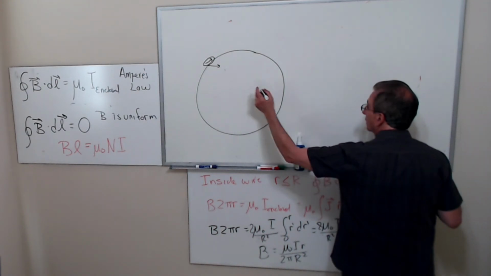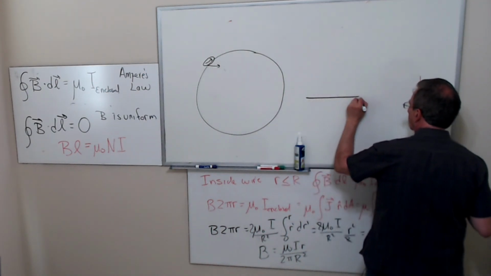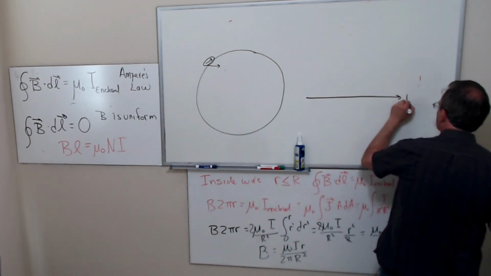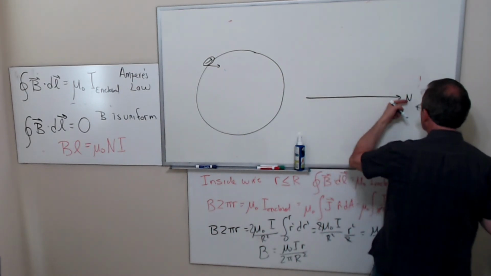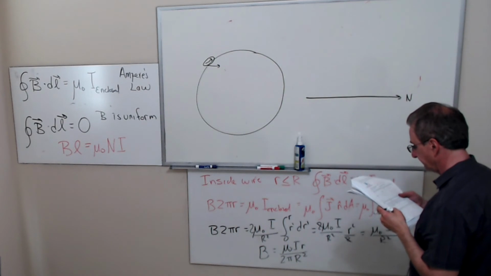So let's localize our picture. Let's say this way is north. This is the horizontal, that's north.